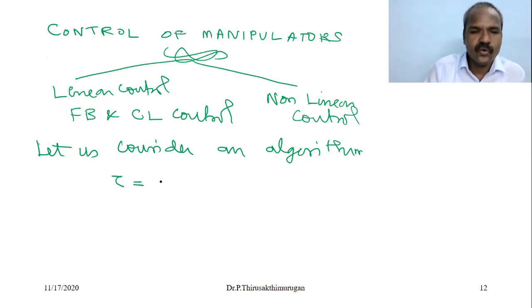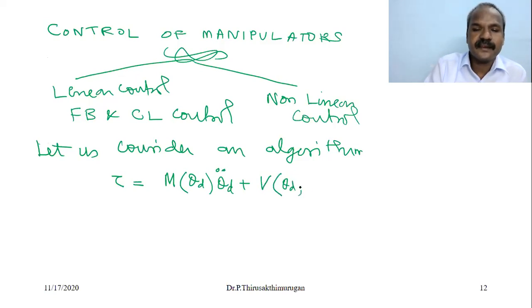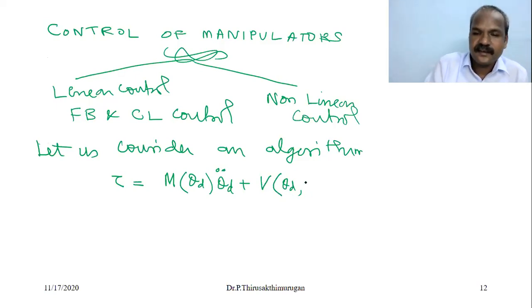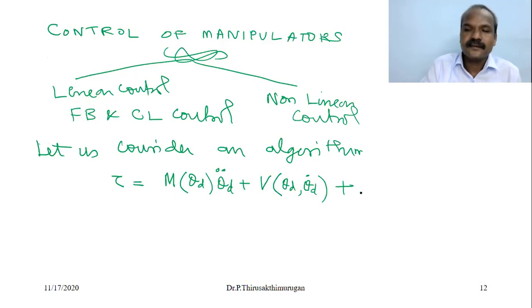Say tau equal to M of theta d, theta double dot d, plus we can use either V or B, no problem, theta dot d, plus the gravitational term G of theta d.